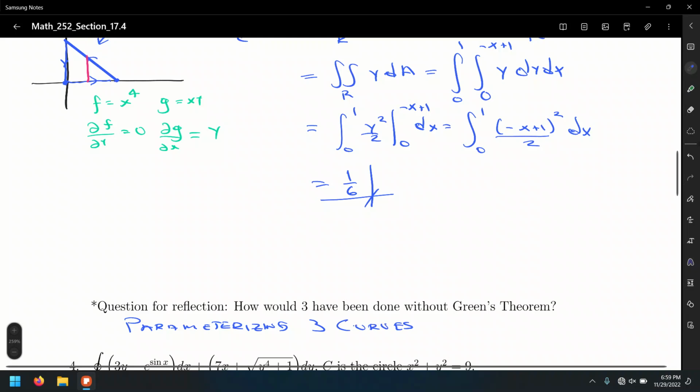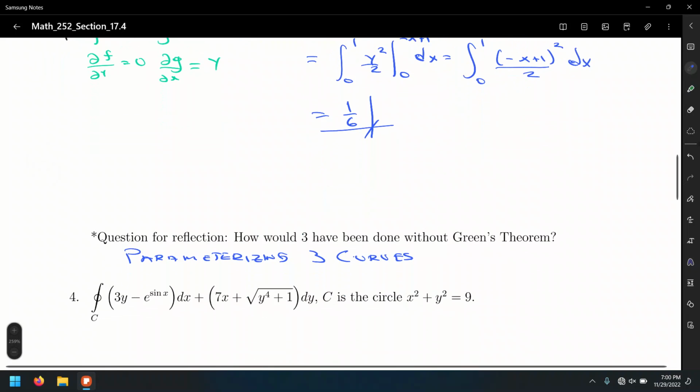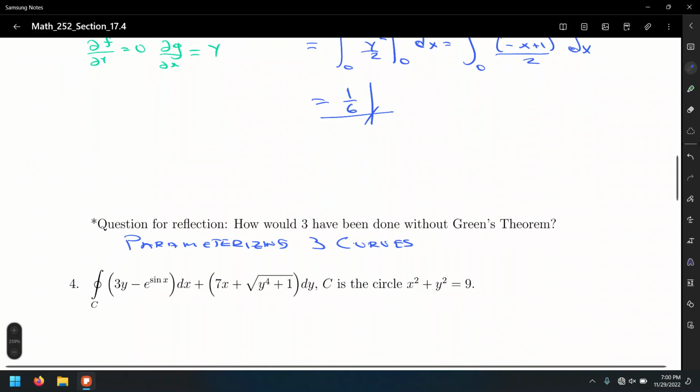Even though it's not the biggest deal in the world, it's a little tedious to do. So I think that's why Green's theorem is a lot more powerful, and you'll see in the next examples how powerful it is.